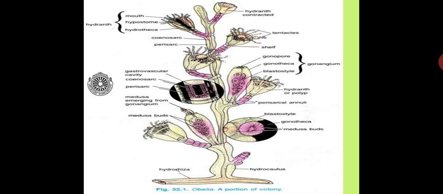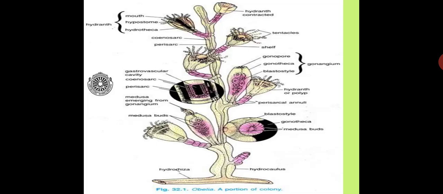You will also observe some different types of individuals or structures here, because Obelia, as you know, exhibits polymorphism. The individuals seen here are the hydranth, which is also called gastrozooid, and the blastostyle, which is also called gonozooid. The hydranth is responsible for nutrition, whereas the gonozooid is responsible for reproduction.